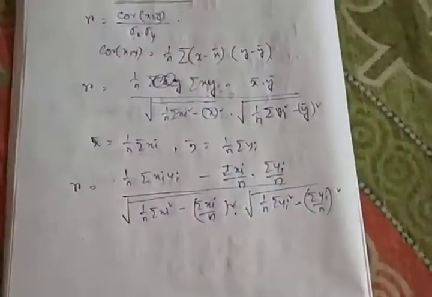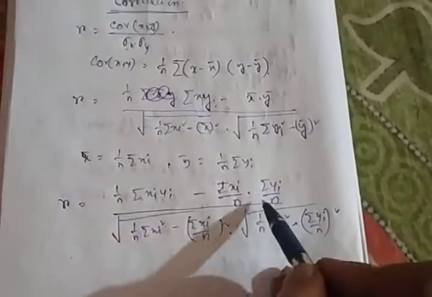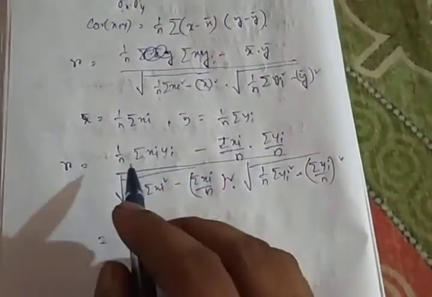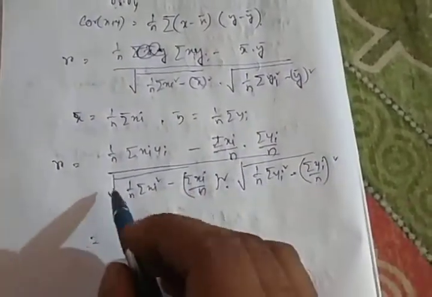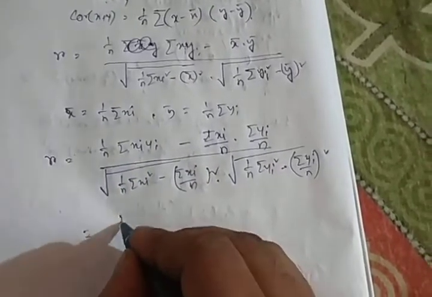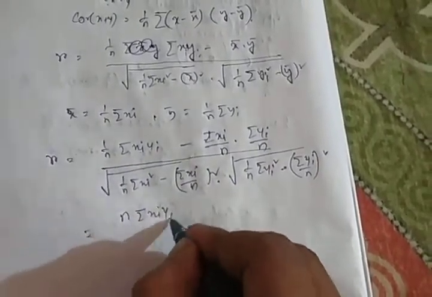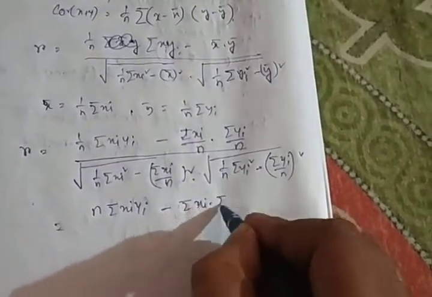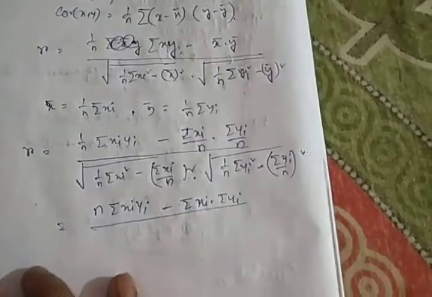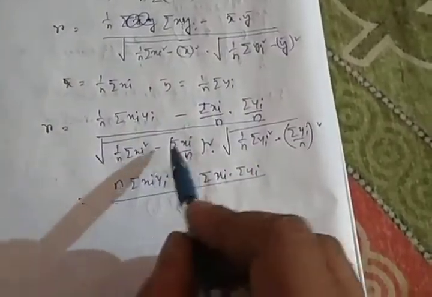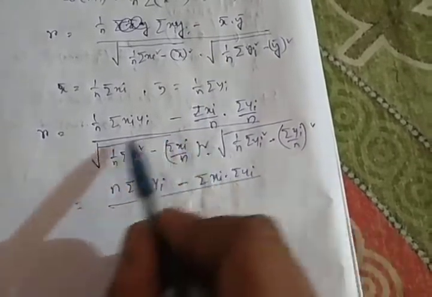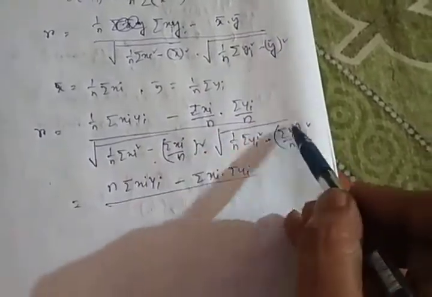Okay. So if we take the LCM, or multiply n square up and down, we will get n into summation xi yi minus summation xi into summation yi, divided by, now here we will multiply n square: in this term we will multiply n, and in this term we will multiply n.